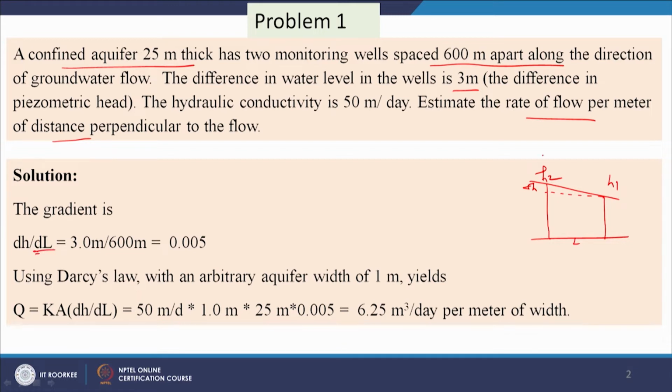It is given as 3 meter, divided by the distance, 600 meter. So, we are getting 0.005. That is the gradient. Now we have the gradient.